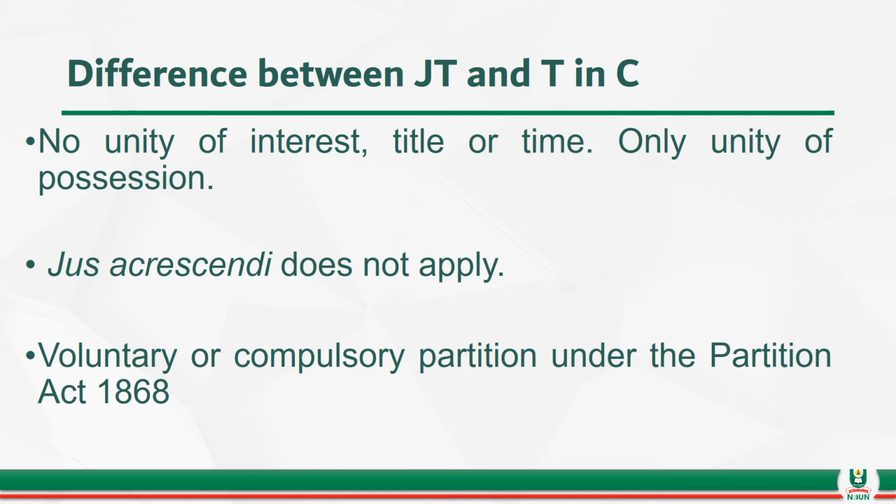For joint tenancy, there is jus accrescendi. For tenancy in common, jus accrescendi does not apply. And then, under the Partition Act of 1868, a statute of general application, an English law, there is voluntary or compulsory partition of a joint tenancy, to make it tenancy in common.